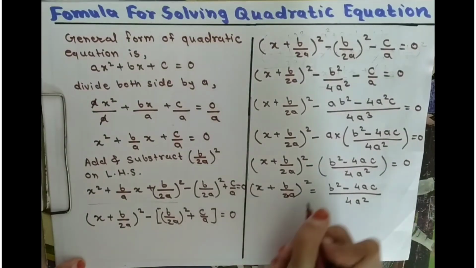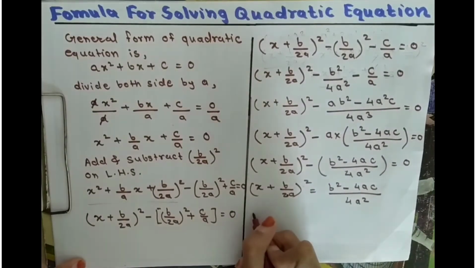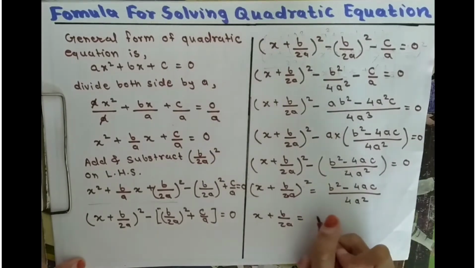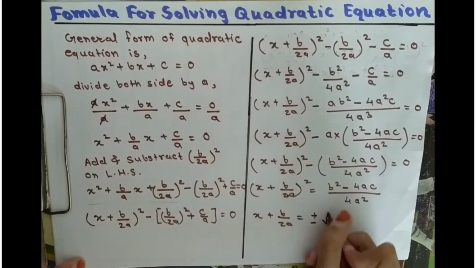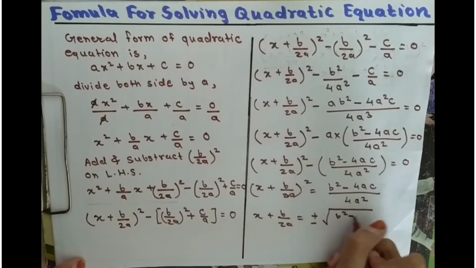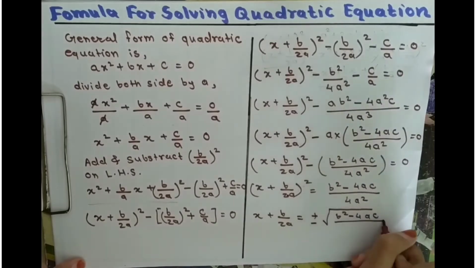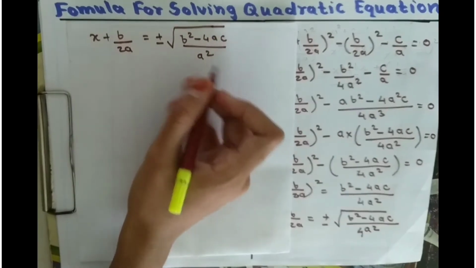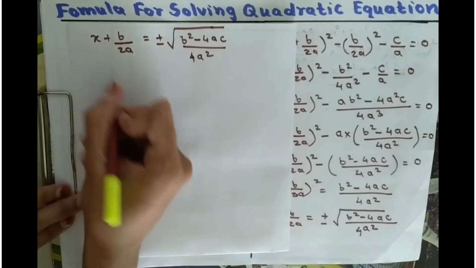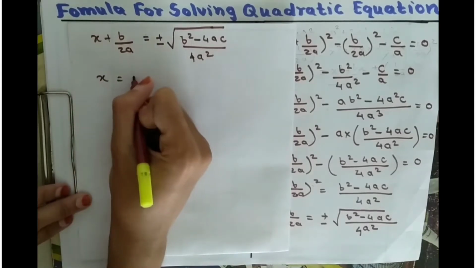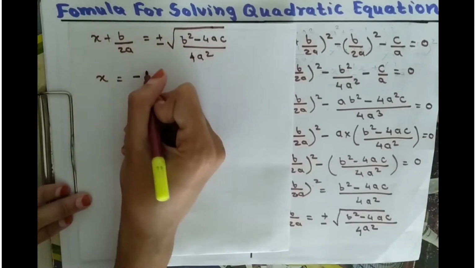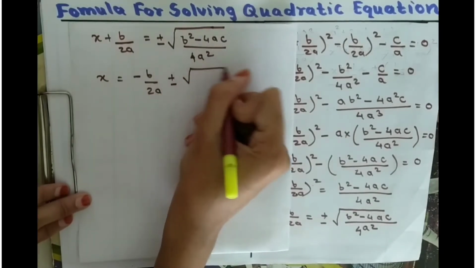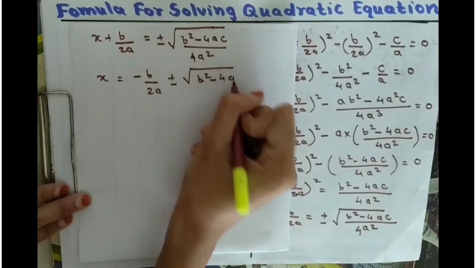Okay, so x plus b upon 2a is equal to, that square goes under root, so plus or minus under root b square minus 4ac upon 4a square. So x is equal to minus b upon 2a plus or minus under root b square minus 4ac.